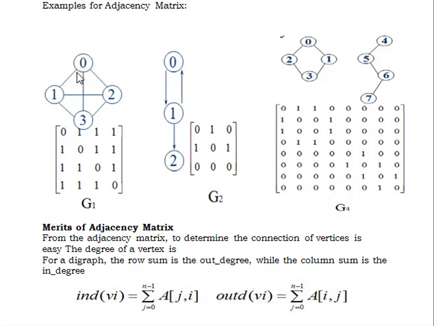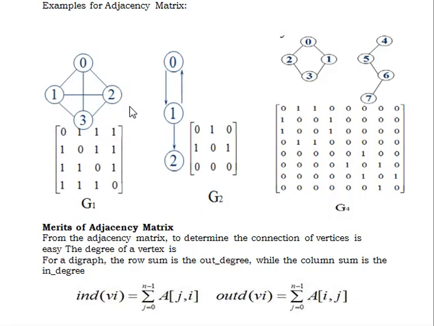Then 0 comma 1, the vertex is visited, so the first row, second column is represented as 1, that is true. Then 0 comma 2 also visited, so we represent it as 1, and 0 comma 3 also visited, so we represent it as 1.